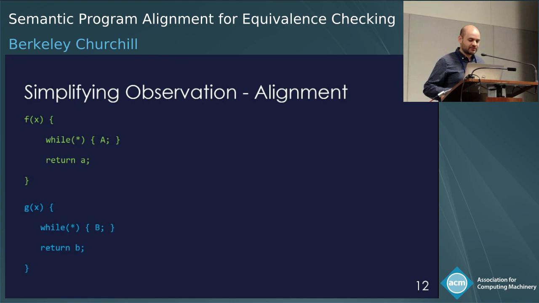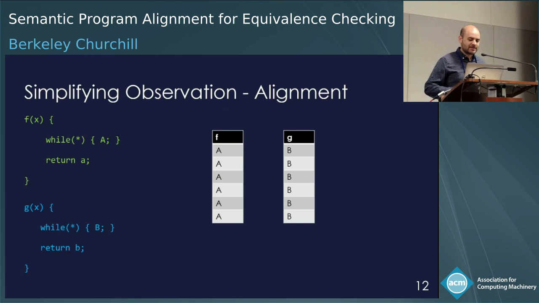A simplifying observation is that many times when you're trying to prove equivalence, but not always, you will find that these two loops execute the same number of iterations. You can imagine that these are execution traces, and you might observe that after executing one iteration of each loop, there is some relationship between the states of these two programs. And you might find that this relationship holds going into the future.